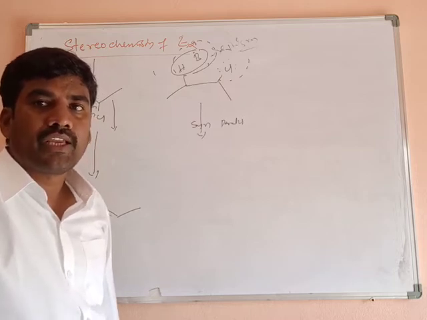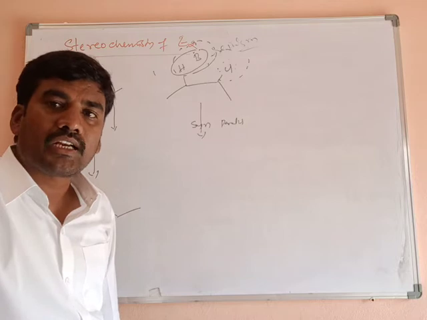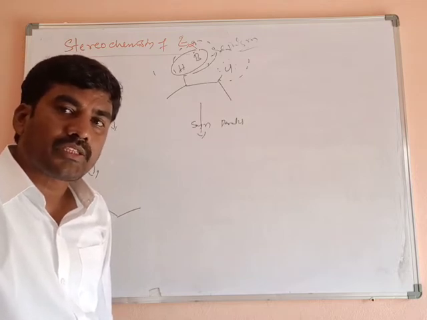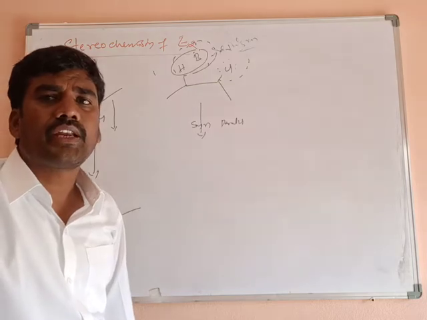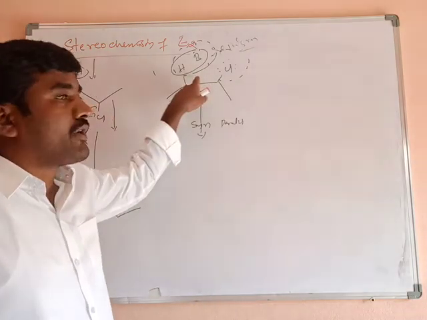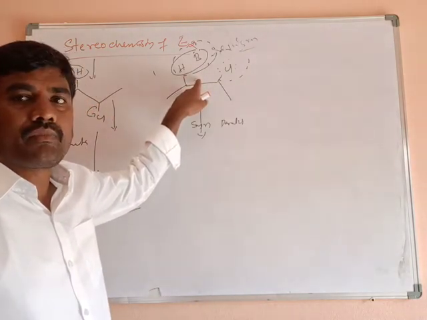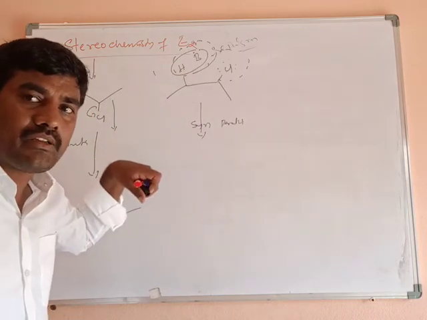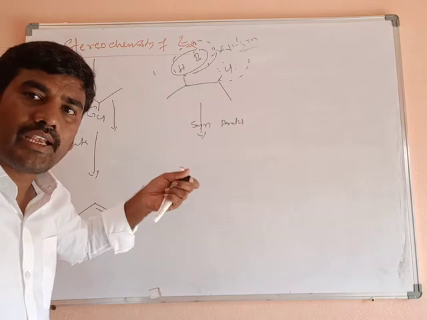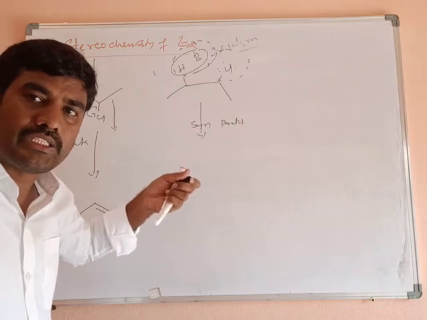The electron cloud of the halogen atom and the electron cloud of the base repel each other. Due to the repulsion force, the base is unable to approach the hydrogen atom. Clear? What about here? Both are opposite in direction, so the base can attack easily and cleavage takes place easily.